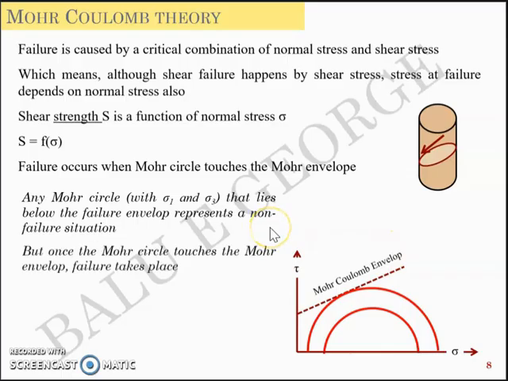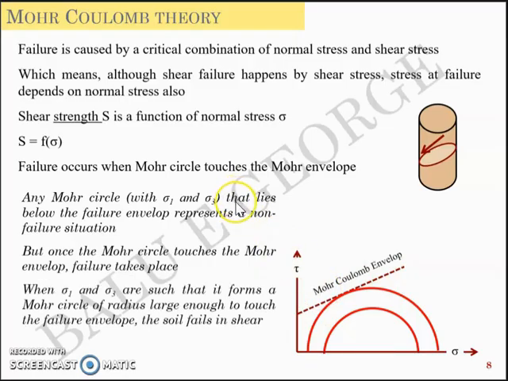But once the Mohr circle touches the Mohr envelope, failure takes place. And when sigma 1 and sigma 3 are such that it forms a Mohr circle of radius large enough to touch the failure envelope, the soil fails in shear.